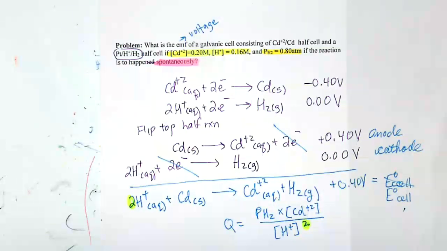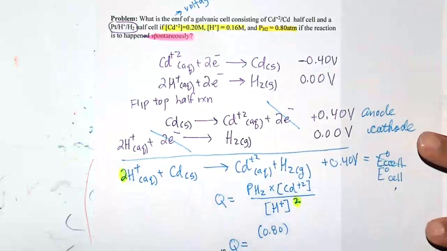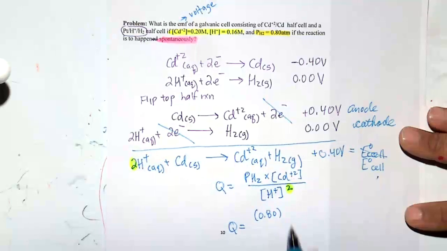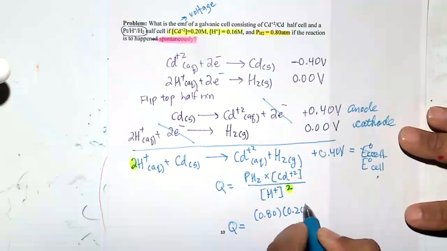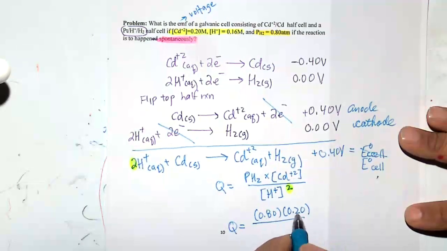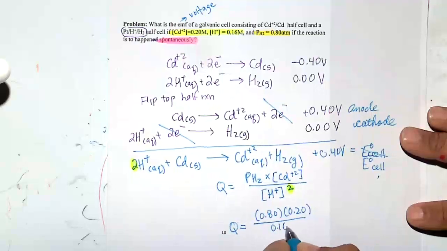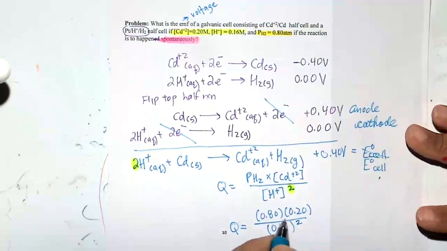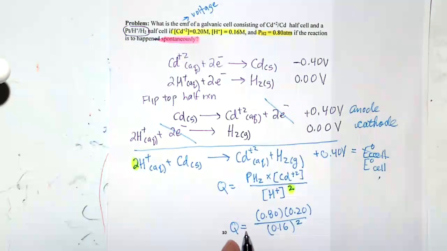Q, just like K, has no units, so Q here is going to be 0.80, the cadmium ion concentration is 0.20, and the H+ concentration is 0.16, and then we got to square it.